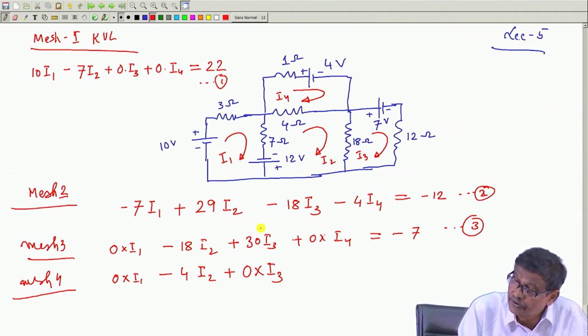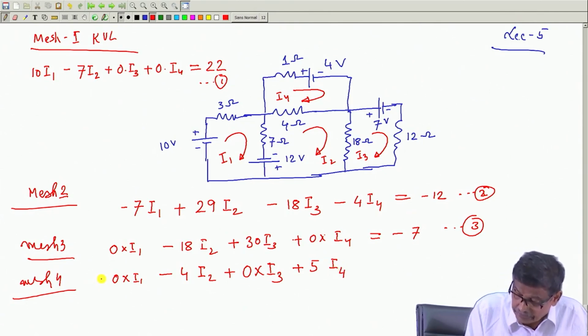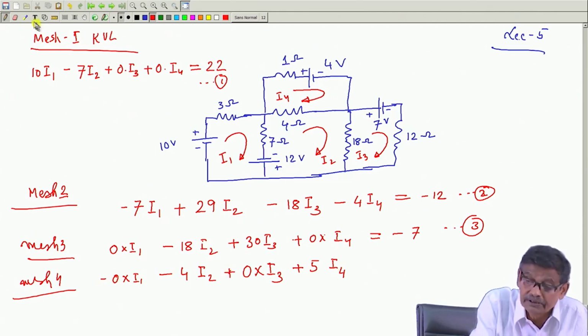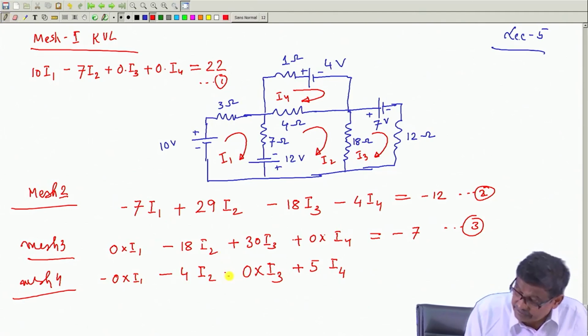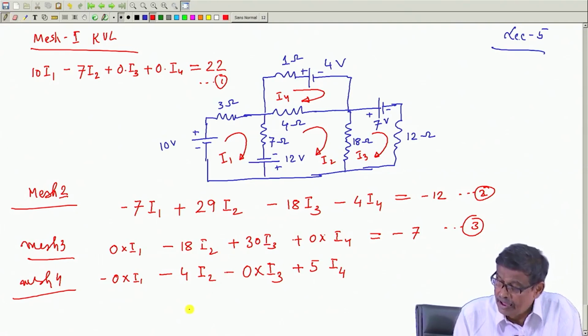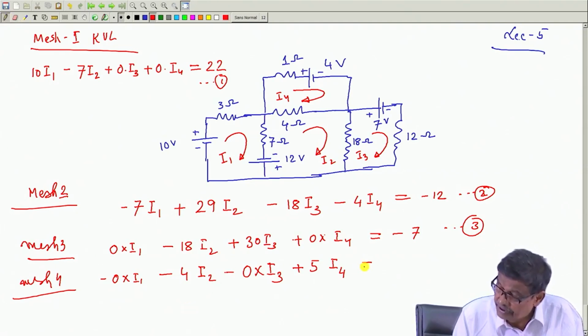And the coefficient of I 4 should be the sum of all the resistances present in this mesh, which is 5 plus 5 into I 4. Here it should be strictly speaking minus, since it is multiplied by 0, okay, got the point, 0 means 0. So, anyway, to be consistent, and plus 5 into I 4, 4 plus 1, and this should be equal to.